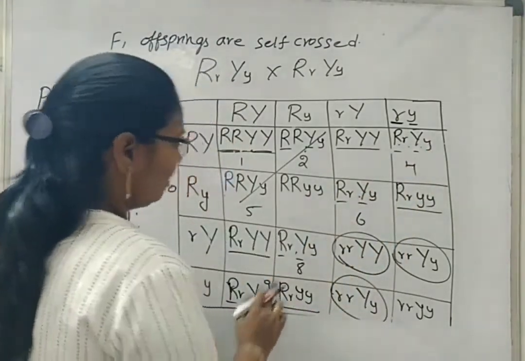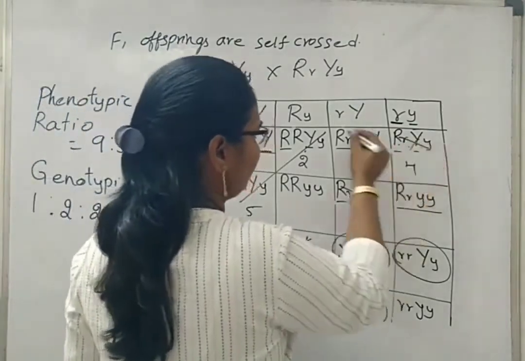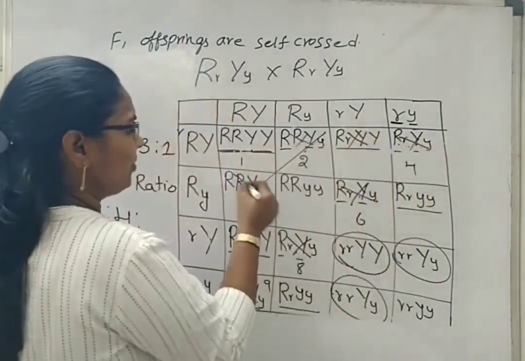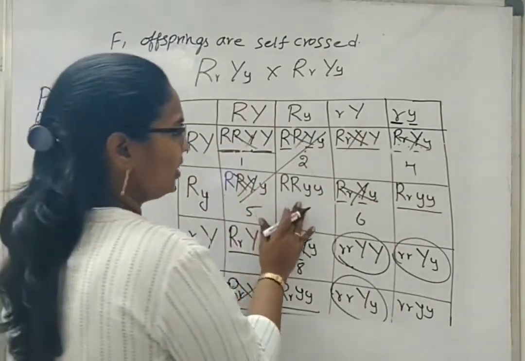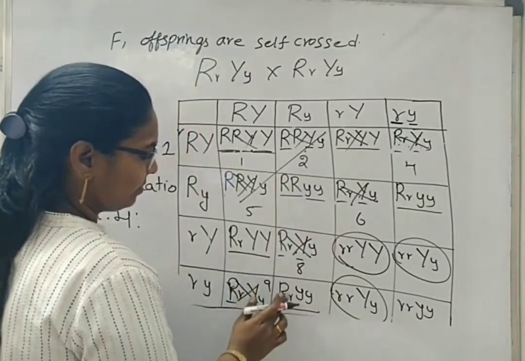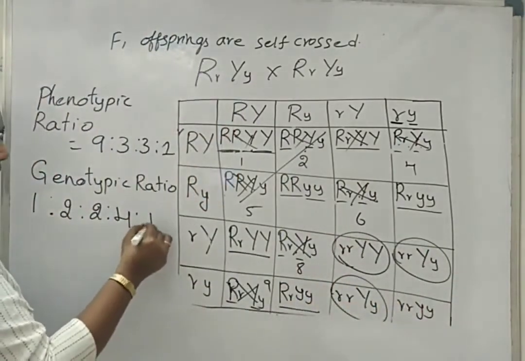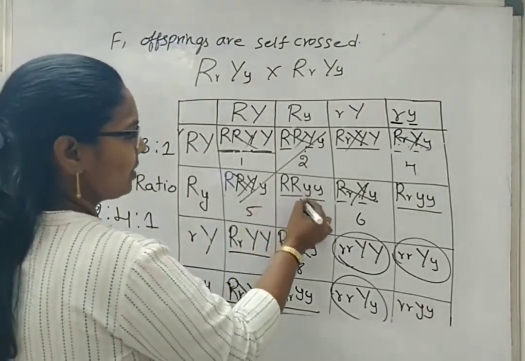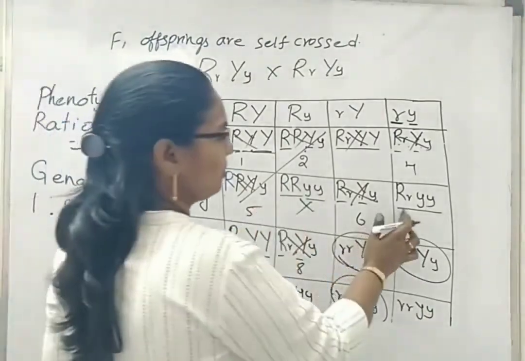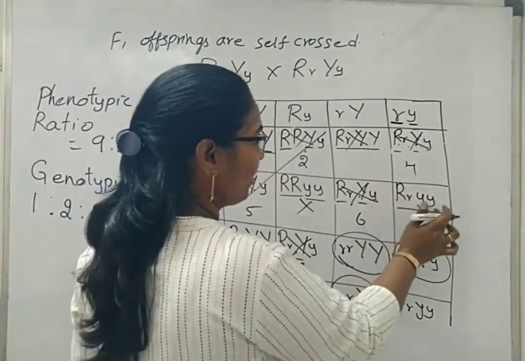Now, so we have finished this, and this. This also we finished. This also. How many are left over? The remaining one. Capital R, small y, small y. So only one type of capital R, small y, small y. Now the genotypes, allele pairs, how they are? Capital R, small y, small y.